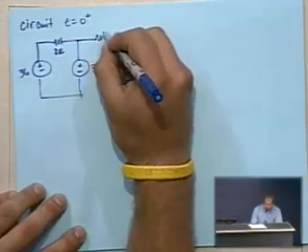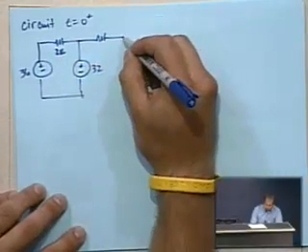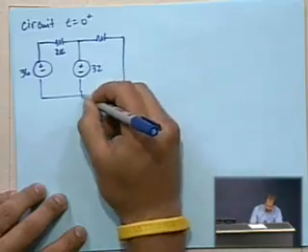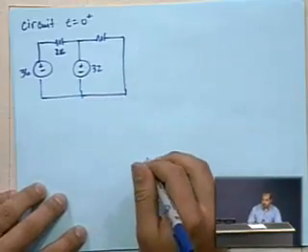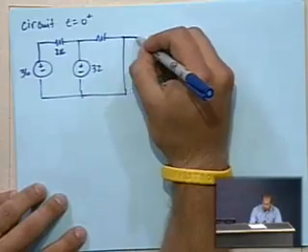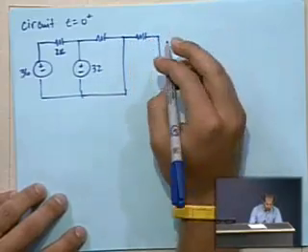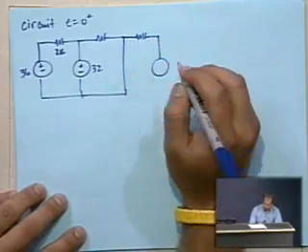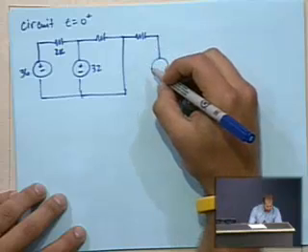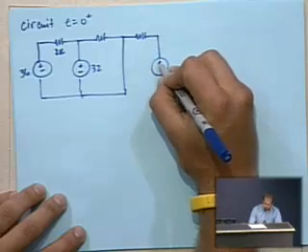We've got 6K resistor. Now we have the switch is closed. We've got 4K resistor over here and 12 volt source.